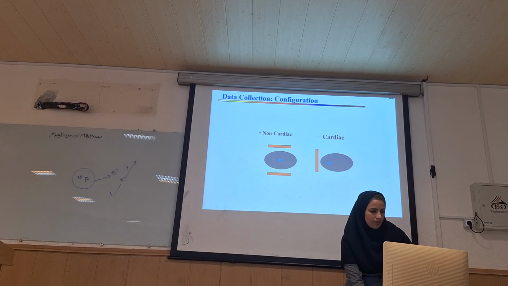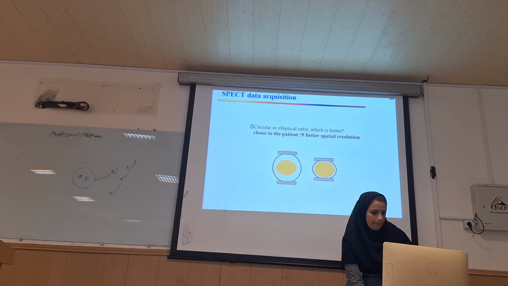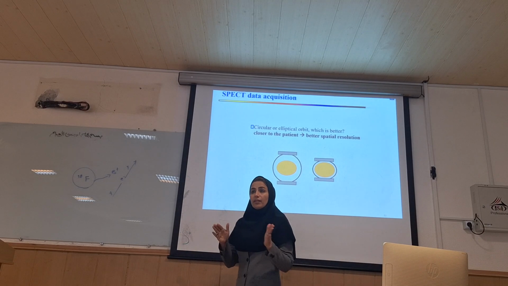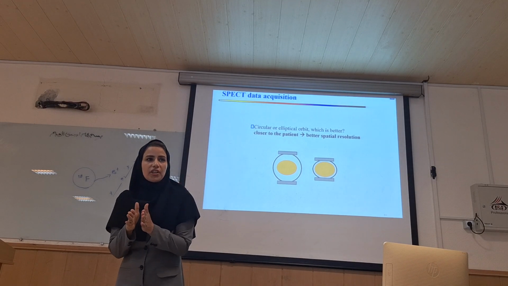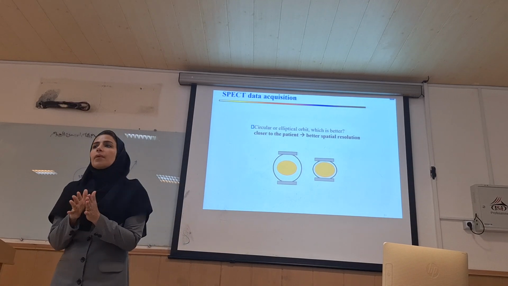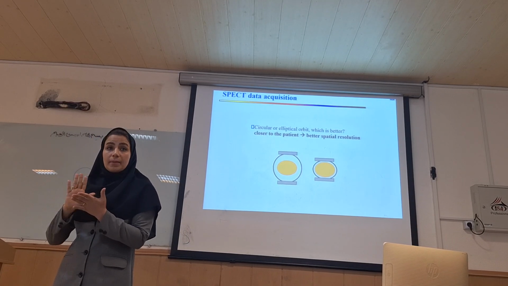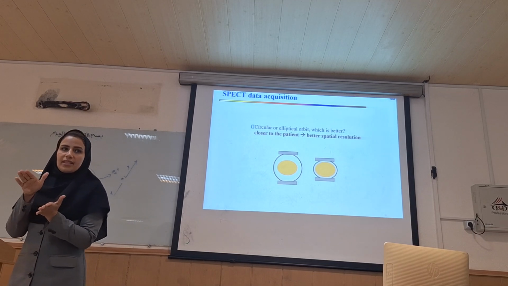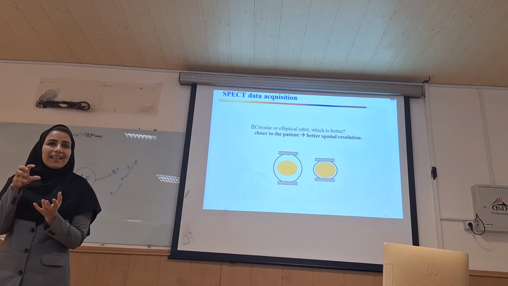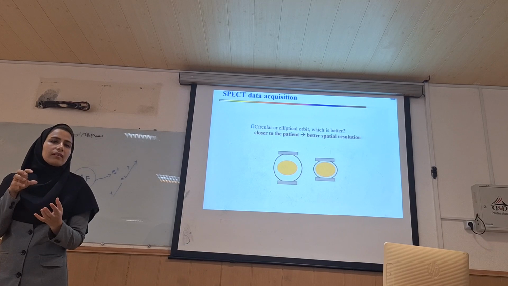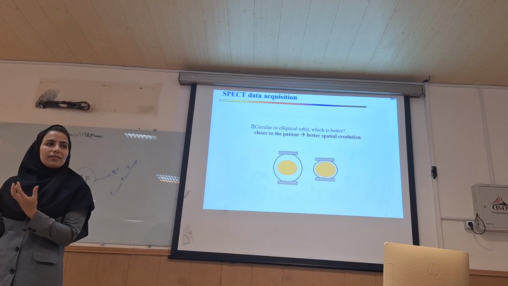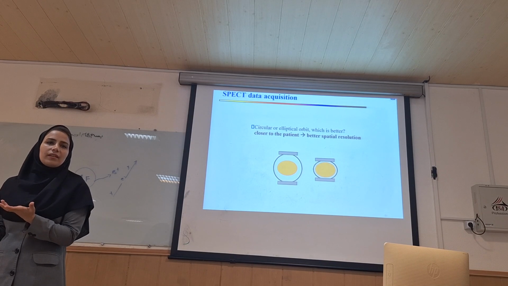Again, if my detector head is close to the patient, my spatial resolution is increased. It's better. Why? Because if the detector head is near the patient, I can take more gamma, and after that my image quality is better.